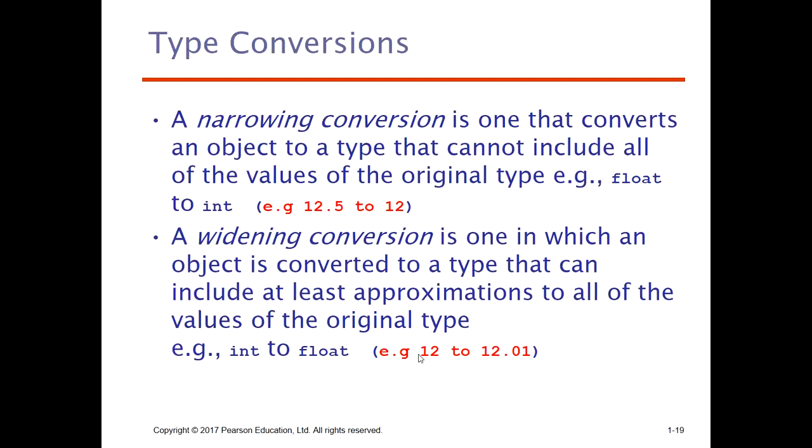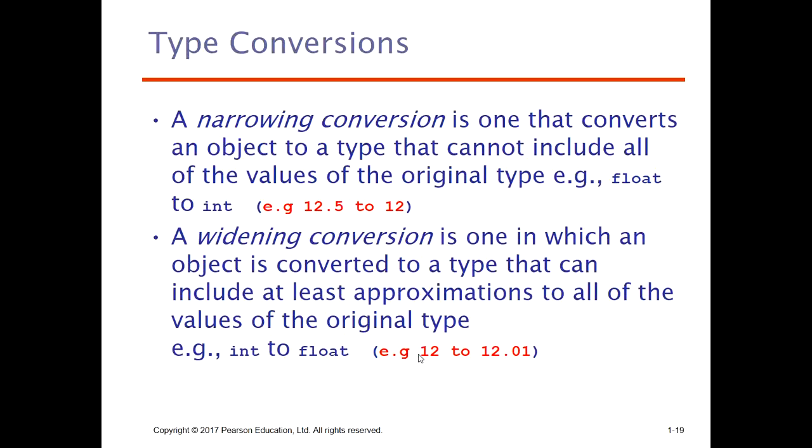Type conversions can be narrowing conversions or widening conversions. Narrowing conversion means converting an object to a data type that cannot include all of the values of the original type.